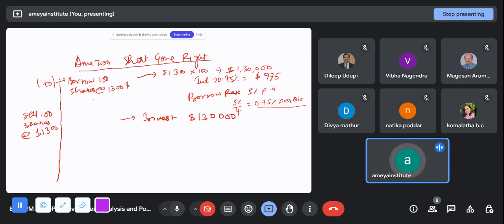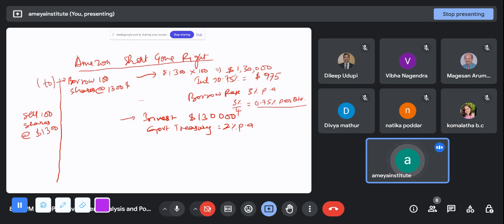So now what we'll do, this 1,30,000 I will invest. Let's say I invest in some government treasury, and there let's assume the rate of interest on government treasury is 2% per annum.